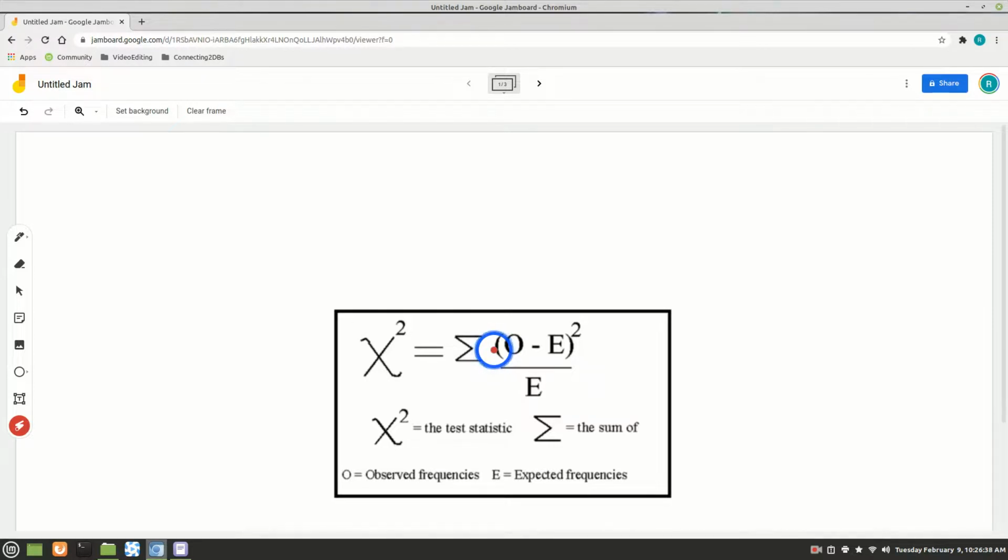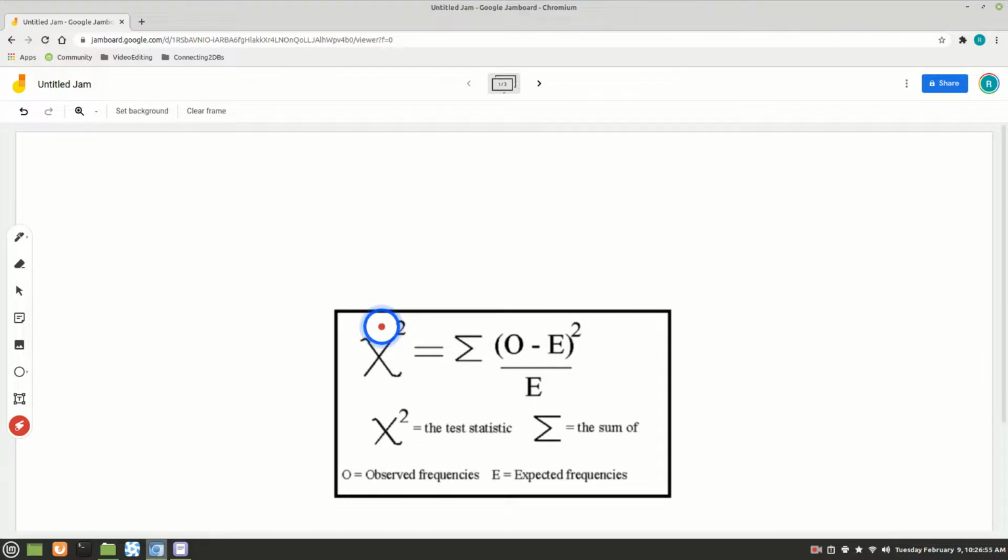And when I say significant, I mean the number that you get here, this answer right here, if it's above or below a specific value, we're going to say something about your experiment. It's going to say my experiment means this, or my experiment doesn't mean this.